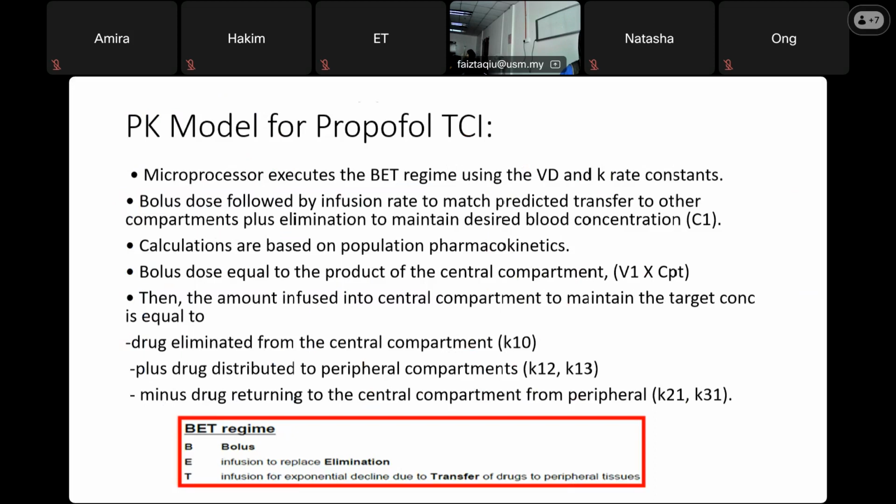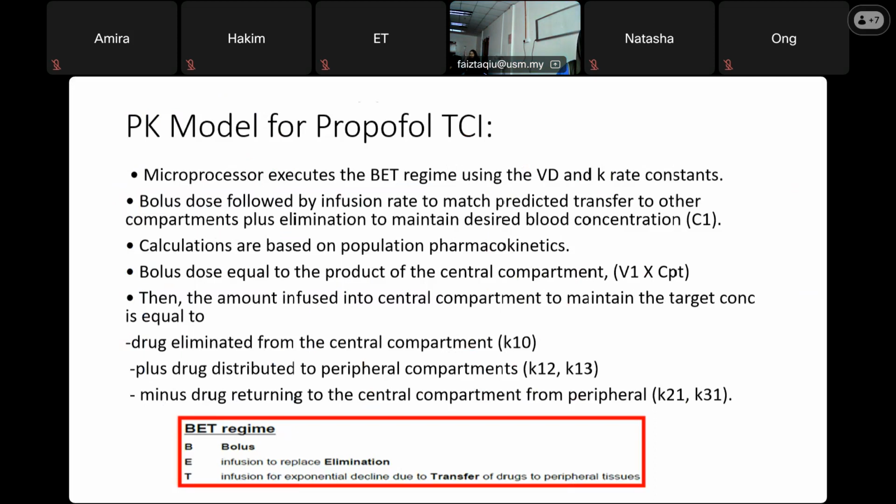Variable means you can manipulate. Fixed means you cannot manipulate. It's calculated by the chip, by the computer. That's why it's important to use the model. You don't need to use your head for all this. It's all calculated by the model. But this is the very basic: whatever you give will go first to the central compartment.